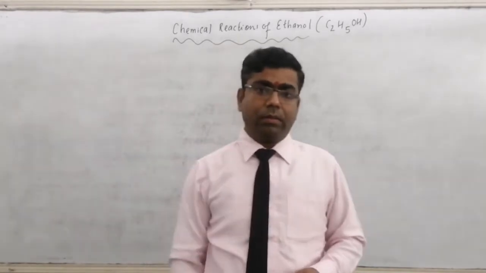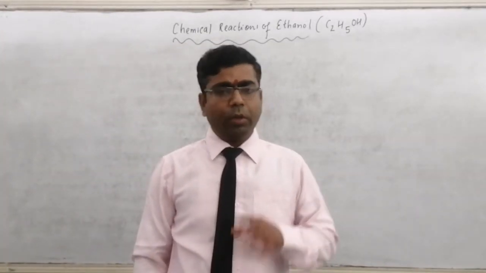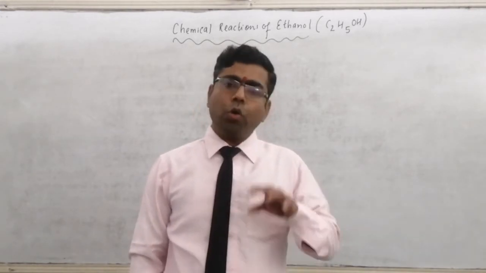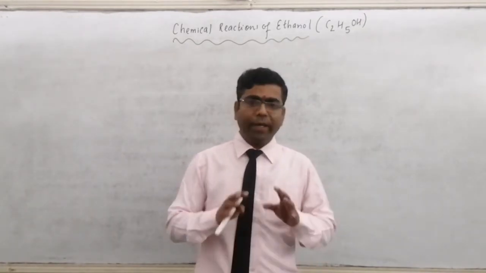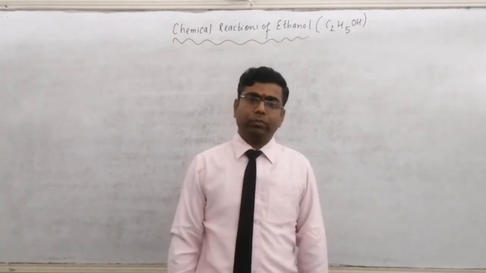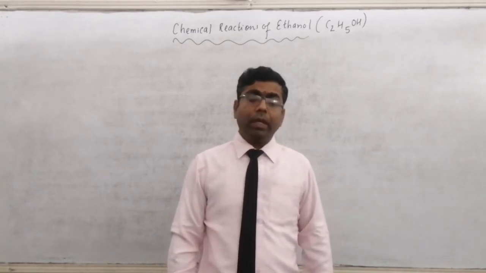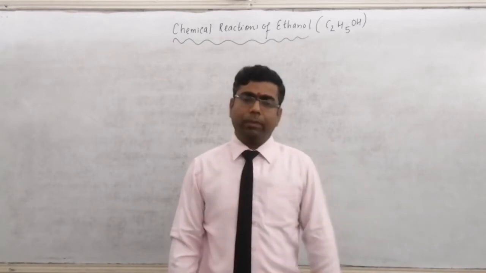As it is an alcohol, definitely the group will be the OH group. All organic compounds in which the OH group is present as a functional group are called alcohols. And ethanol is the second member of alcohol.